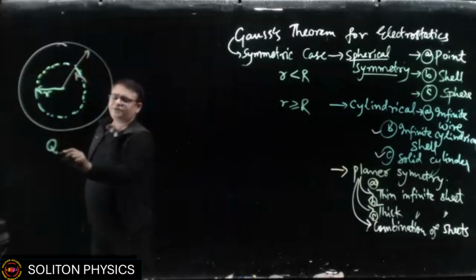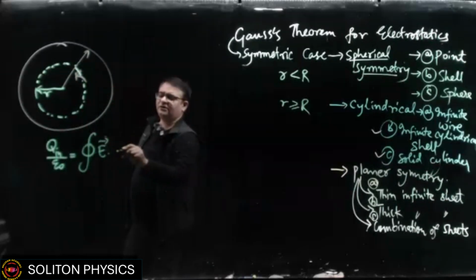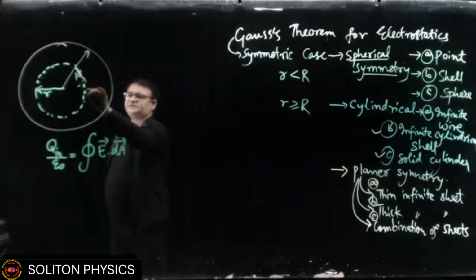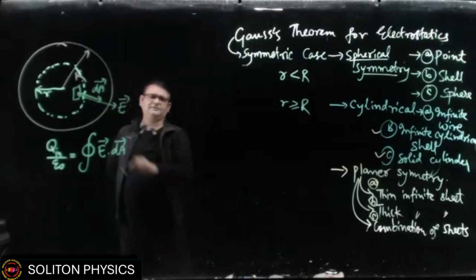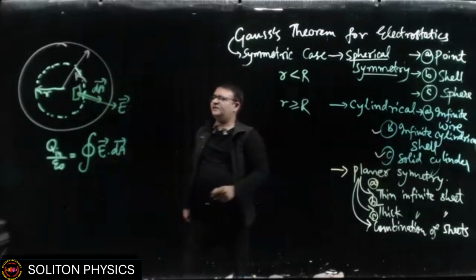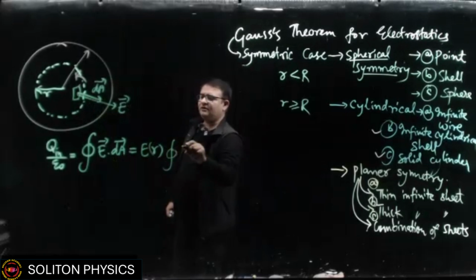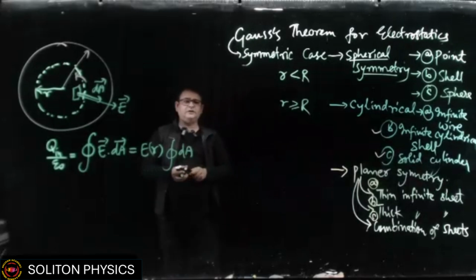Now, what I should get is Q inside by epsilon naught. This would be integral closed E dot dA. Now I'm going to do the exactly same business. Make the patch, and patch will have dA that is radial and will have the field that is also radial. So this will give me E, some radius function, times the integral dA, which everybody knows, right?